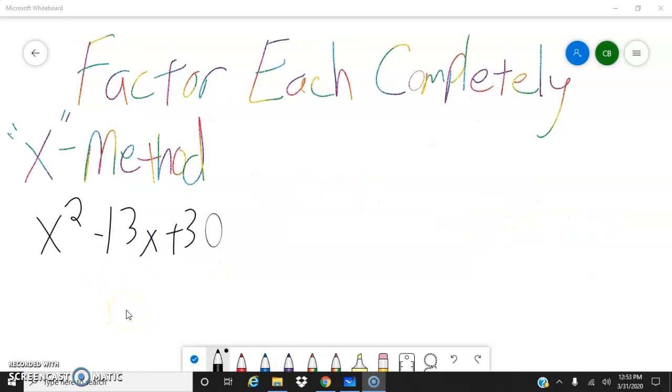So, factoring each expression completely. The easiest way to do it is the X method, or some people also call it the diamond method.